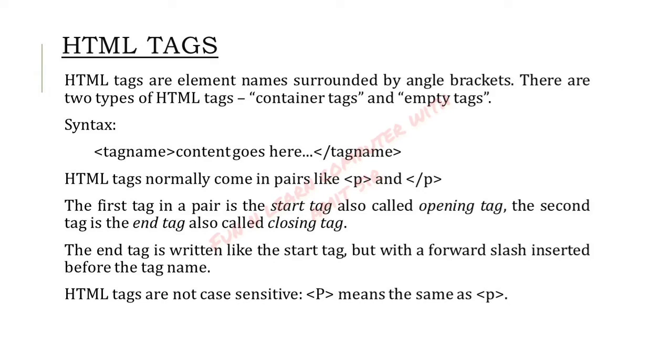The end tag is written like the start tag, but with a forward slash inserted before the name of the tag. HTML tags are not case sensitive. That means you can write the tags in uppercase as well as in lowercase. But it is preferable to write the HTML tags in lowercase.